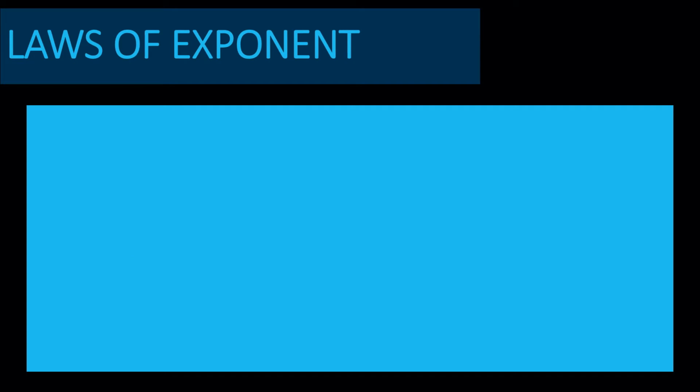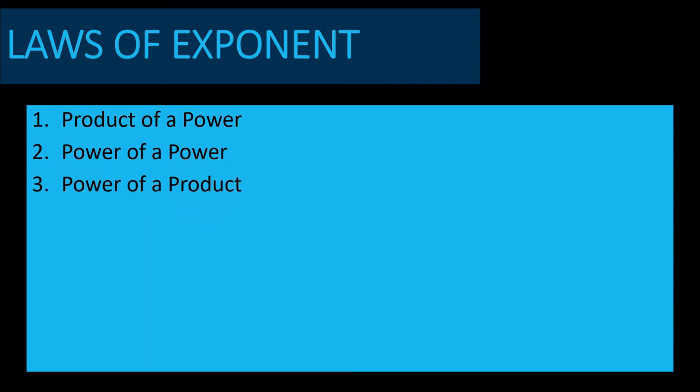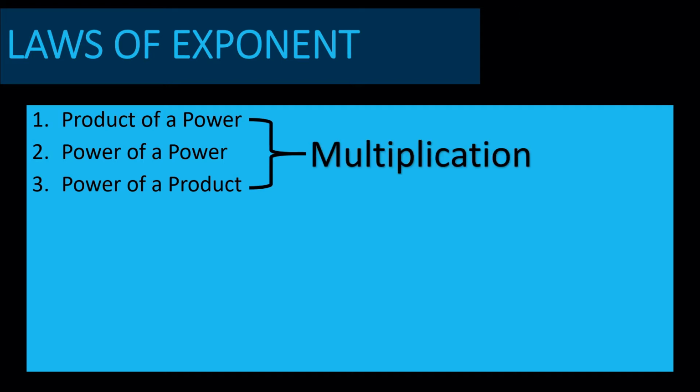In evaluating exponential expressions or power expressions, we are going to use the laws of exponents. So, we have the following laws. Number 1, product of a power, power of a power, power of a product. So later on, it will make sense what these laws of exponents are. For the first 3 laws, we will apply them if the operation involved between the power expressions is multiplication.